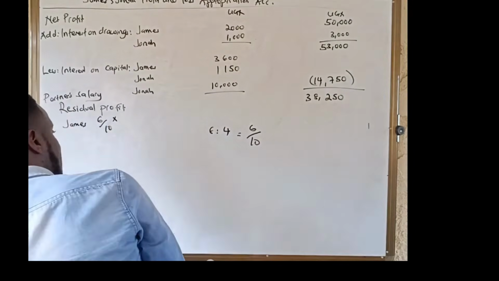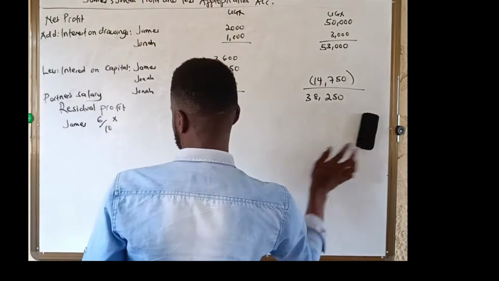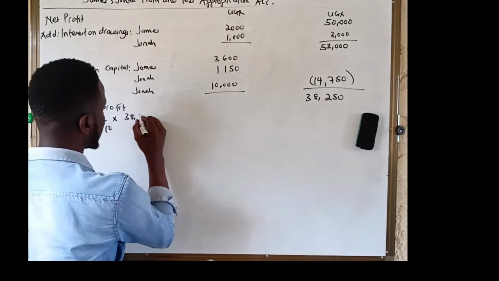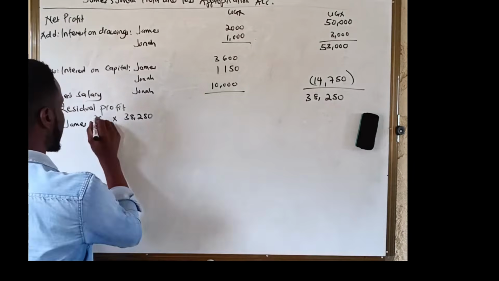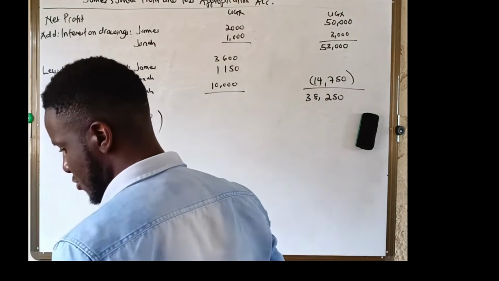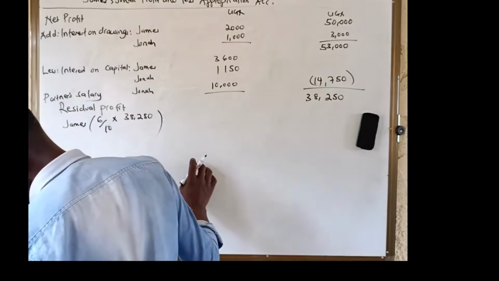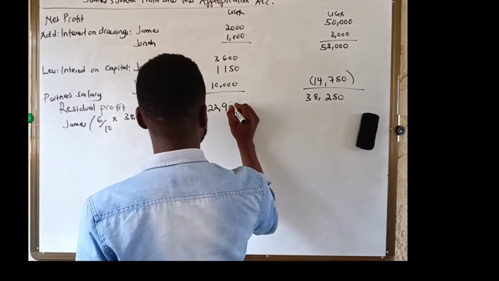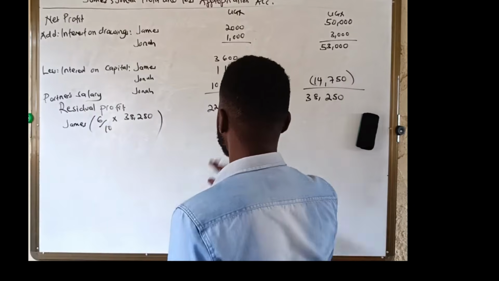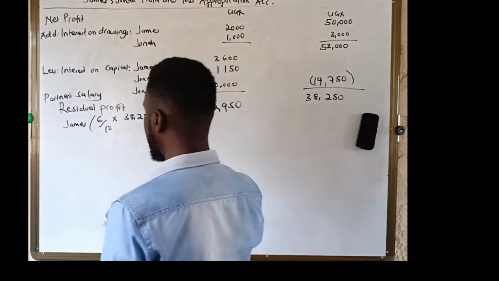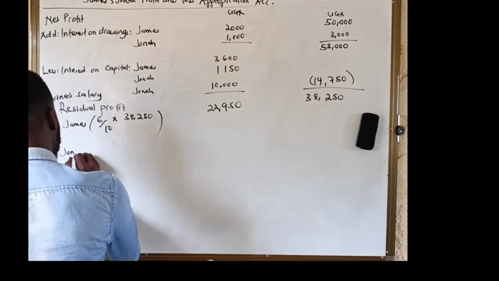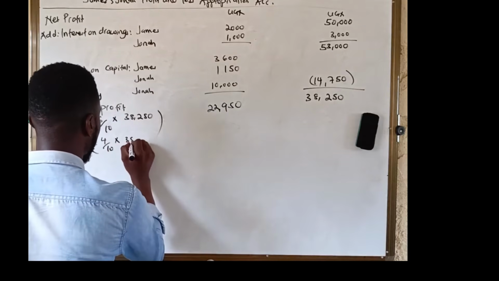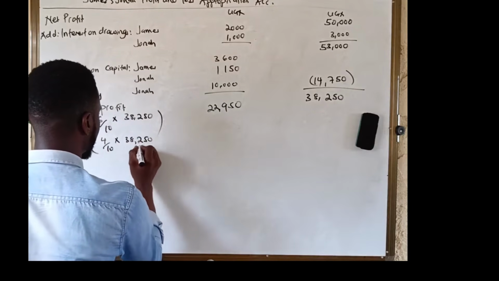So we say 6 out of 10 times 38,250 for James, and for James we shall have 22,950. This is the amount we have for James. Then when it comes to Jonah, we shall have 4 over 10 times 38,250.